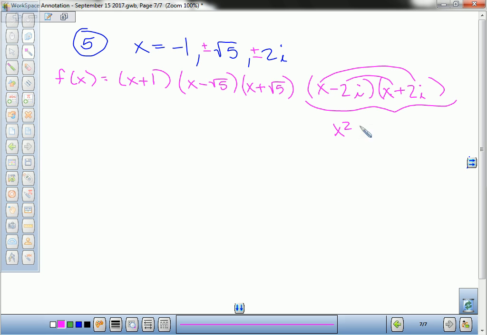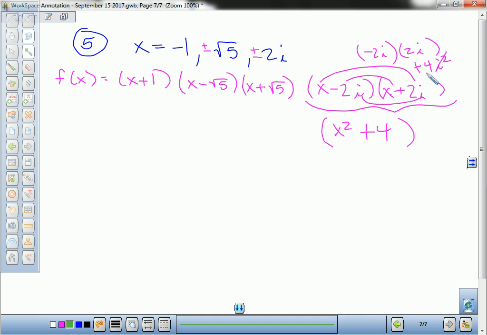This is going to cancel with that. So the only other thing I have to do is negative 2i times positive 2i, and that is negative 4i squared. But what does that become? Plus 4. Negative 4i squared becomes a plus 4.